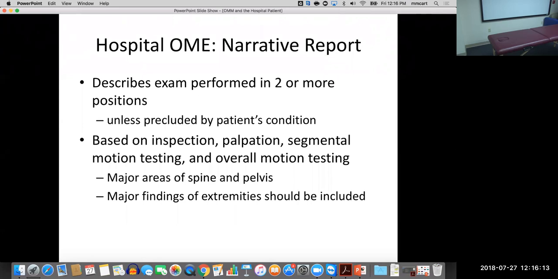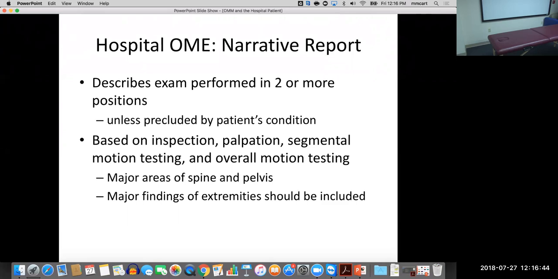If they're in the CCU and you sit them up in order to listen to their lungs, then when you sit them up, you run your hands along the back of their spine, and then you sit them back down as you finish the rest of their exam. Now you've evaluated them in both the supine and seated positions. If they're not doing well enough and you're only going to auscultate them in the supine position, then you would document why you evaluated the patient in one position.